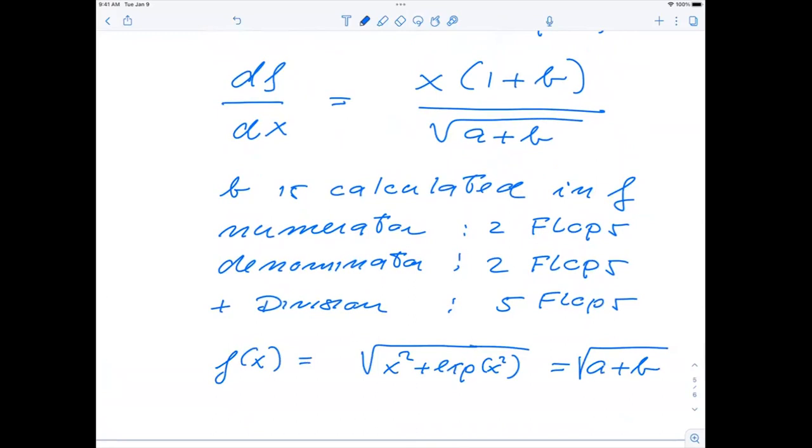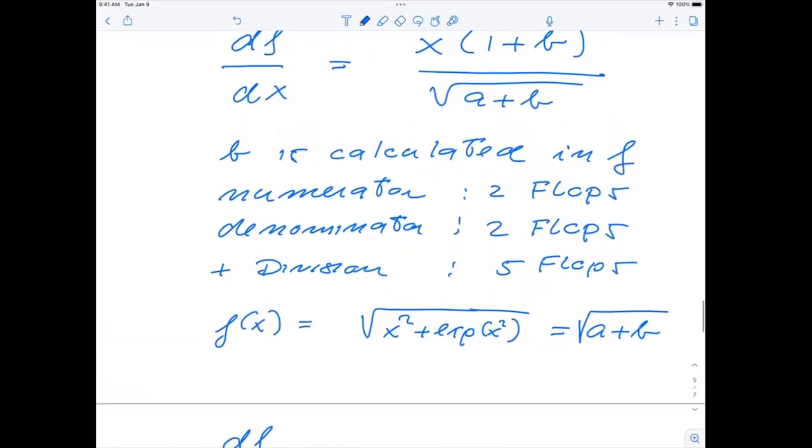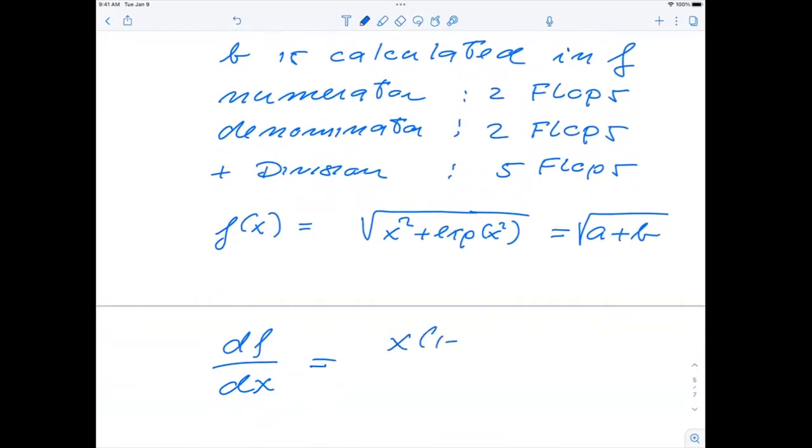So you see now that the denominator, we could even reduce that one by simply using a pre-calculated value. So we could reduce the number of floating point operations even further, because if you look at the expression which you have for df of x, we can actually rewrite df of x in a smart way as x times 1 plus b divided by f of x.